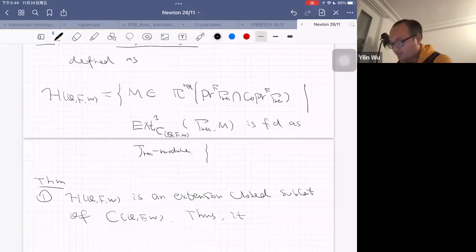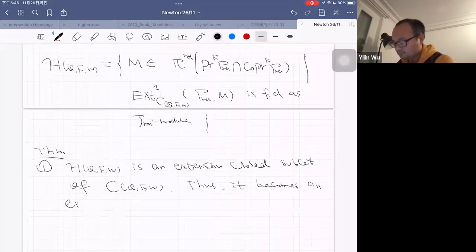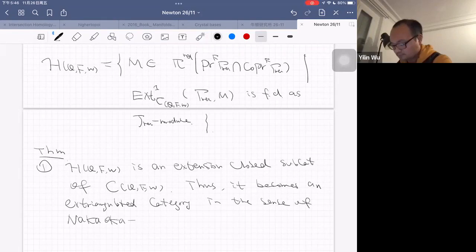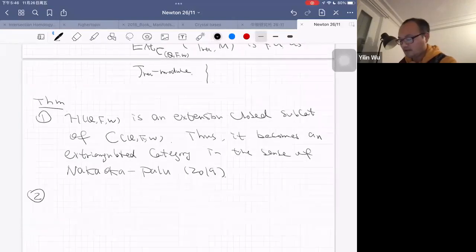It becomes an extriangulated category in the sense of Nakaoka-Palu in 2019.